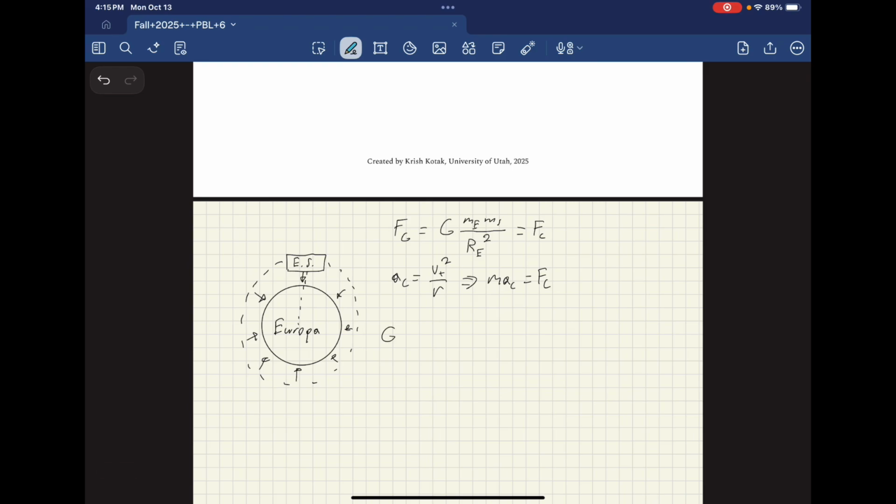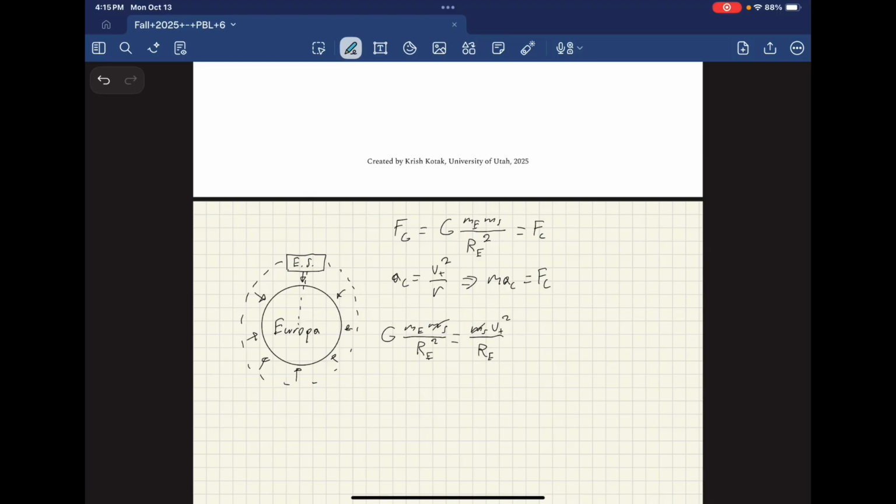So we can say that G times the mass of Europa times the mass of the satellite divided by r_E squared, so the radius of Europa squared, is equal to, now this term is the mass of the orbiting object, so it is the mass of the satellite, mass of the satellite times velocity squared divided by, this would be the radius of Europa, again using that approximation. So we can already cancel some things out.